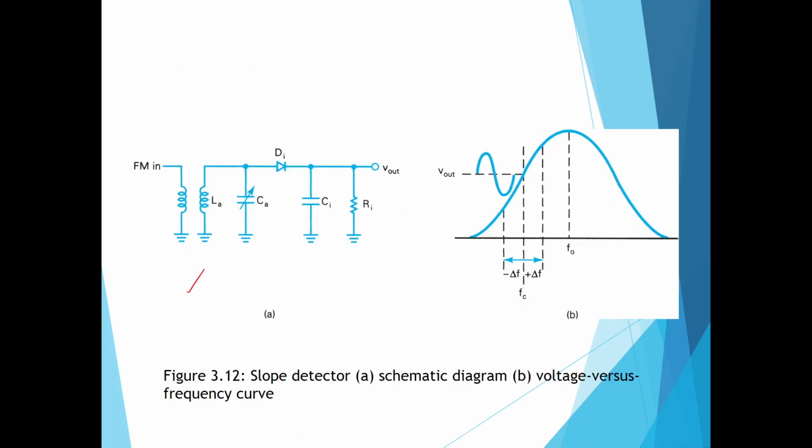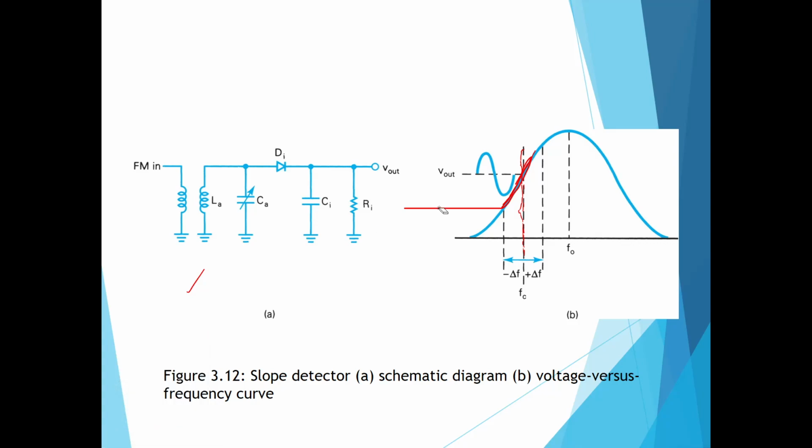And here the slope detector is designed so that the center, the tuning frequency, what they call the oscillation frequency, is within the center of the most steep curve here of the frequency response curve.